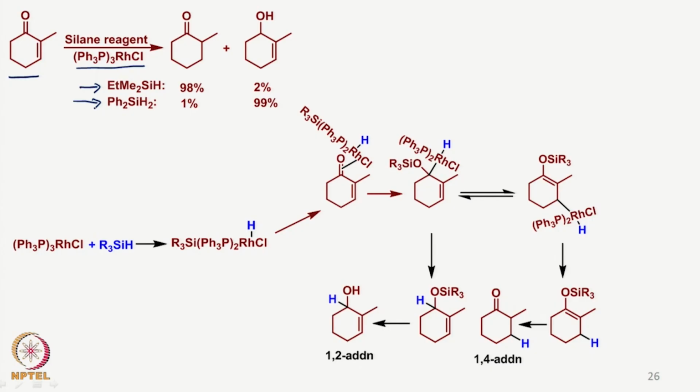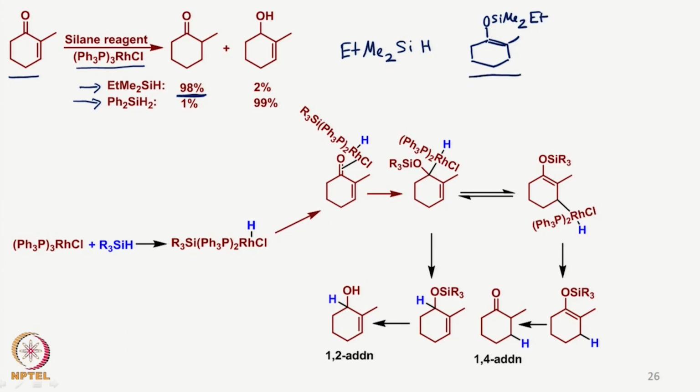For example, the first reducing agent, which contains only one hydrogen, gives 98% of the corresponding saturated ketone via obviously an enol silyl ether. That means this reaction must be going via the enol silyl ether, and this gives the corresponding ketone. So this is the intermediate that must be forming.